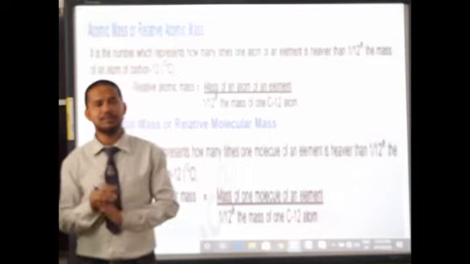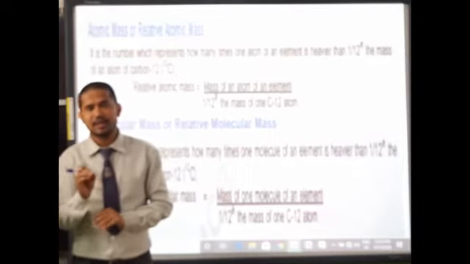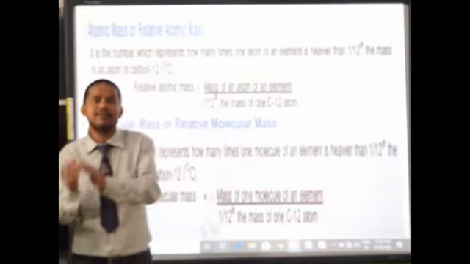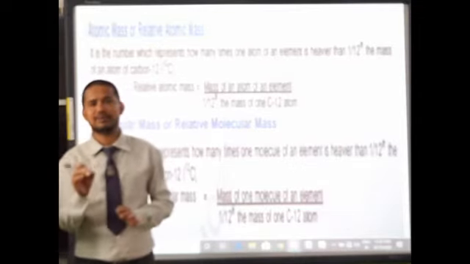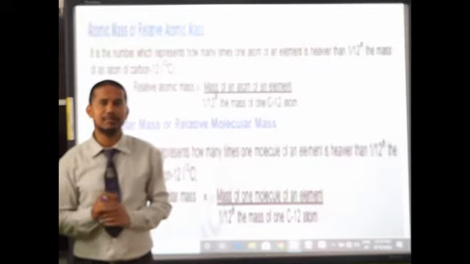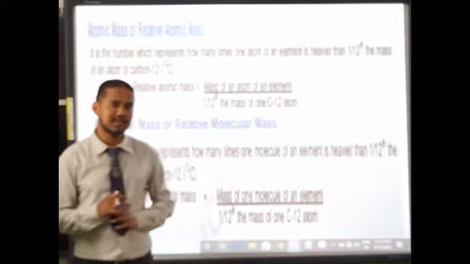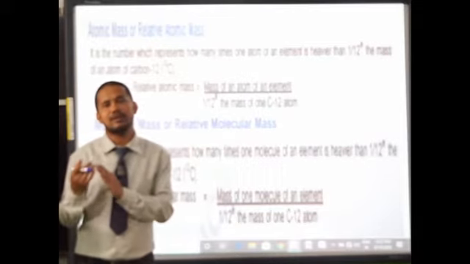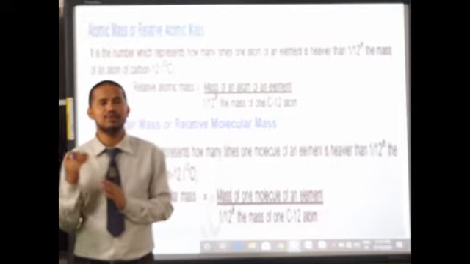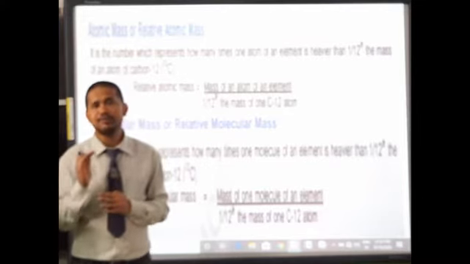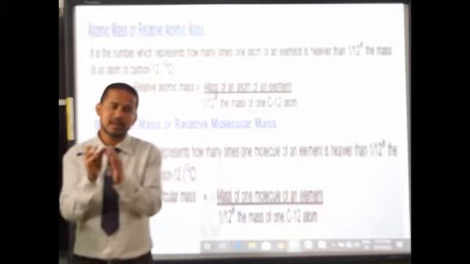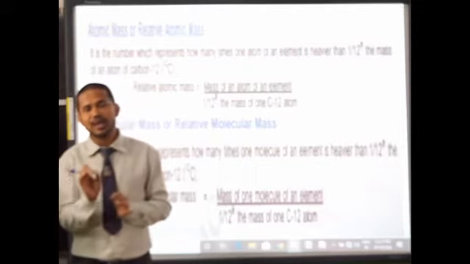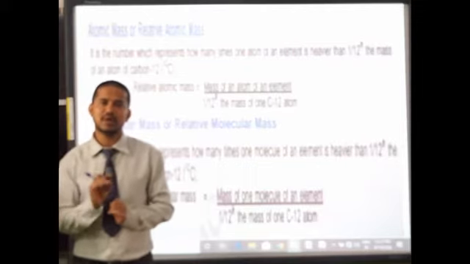Similarly, relative molecular mass is how many times a particular molecule is heavier than 1/12 part of a carbon atom. For example, if I say carbon dioxide's molecular weight is 44 AMU, that means carbon dioxide is 44 times heavier than 1/12 part of a carbon 12 atom.